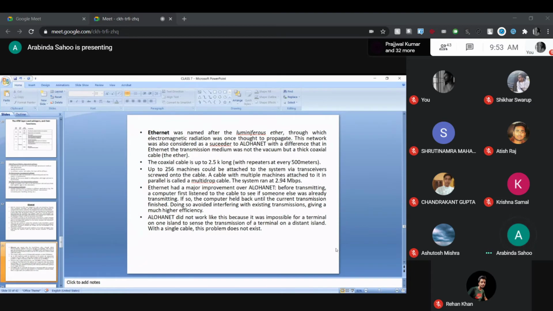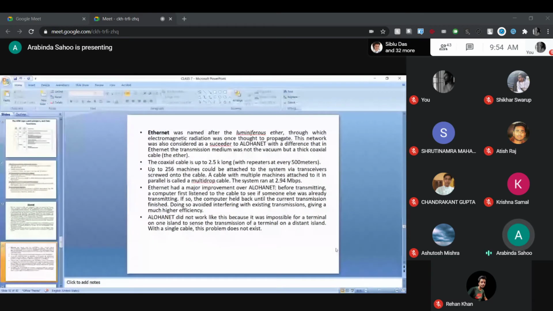That's why it was named Ethernet, as it is a particular medium, that is the thick coaxial cable, instead of vacuum. Ethernet means a thick coaxial cable. If a local area network works with the help of a thick coaxial cable, this is normally known as Ethernet.